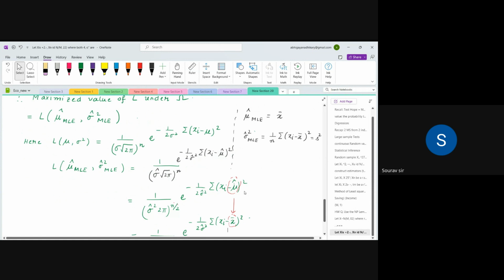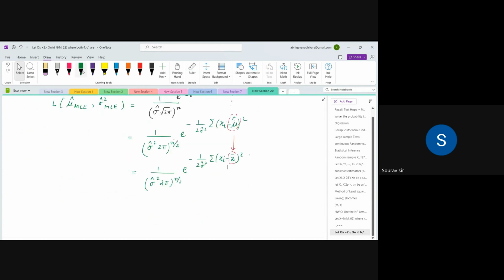The next thing is replacing sigma hat. So for sigma hat, what we'll do? That is 1 by, in the place of sigma hat square, you will be writing s square 2 pi to the power n by 2, e to the power minus of, this will become n by 2.